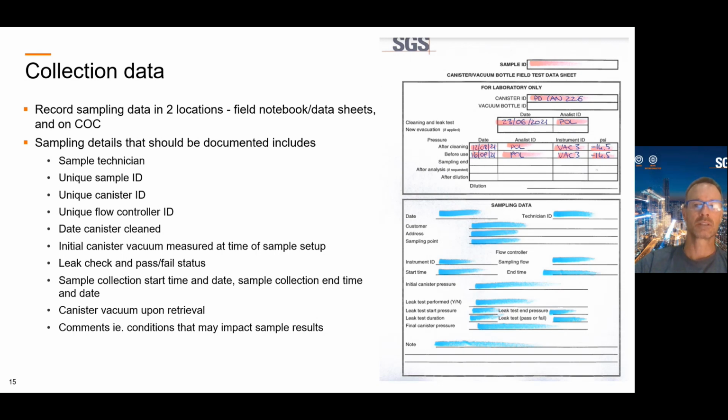We note the start date and the start time. We also note whether a leak check was performed or not and whether the leak check was successful. We record the canister vacuum upon retrieval, and then we also note any sampling comments. In other words, any factors that may have impacted upon the sampling results. So, for example, staining in close proximity to the sample point.